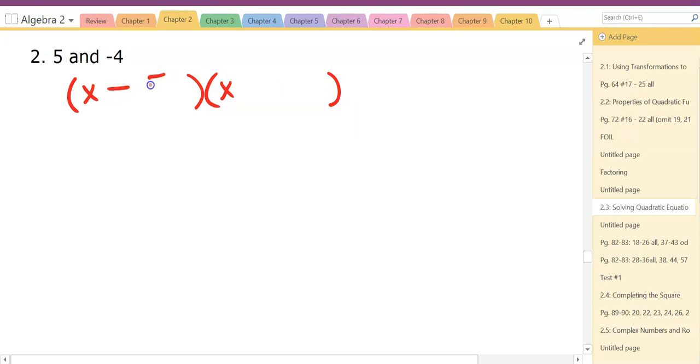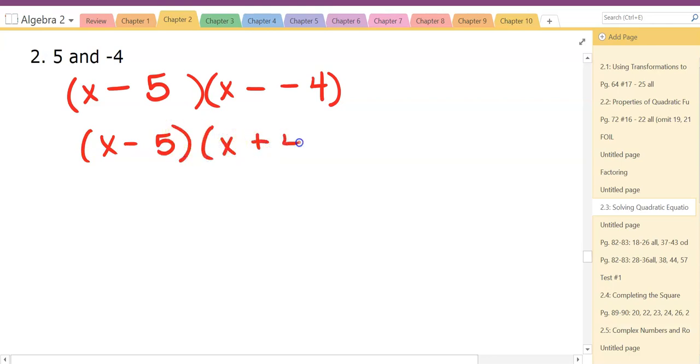So it's going to be x minus 5, and then x minus negative 4. What do you guys think is going to happen to that second one? It's going to turn to a positive. So I'm going to rewrite it so it says x minus 5, and then x plus 4.